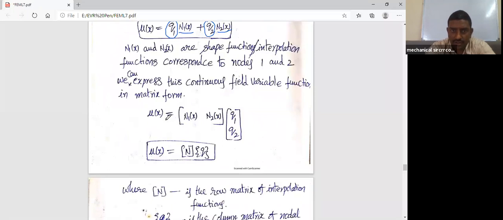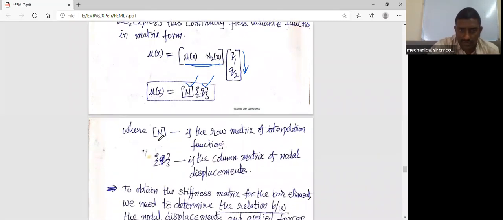So u of x is equal to the shape function matrix into the nodal displacement vector, where N is the row matrix of interpolation functions and q is the column matrix of nodal displacements.